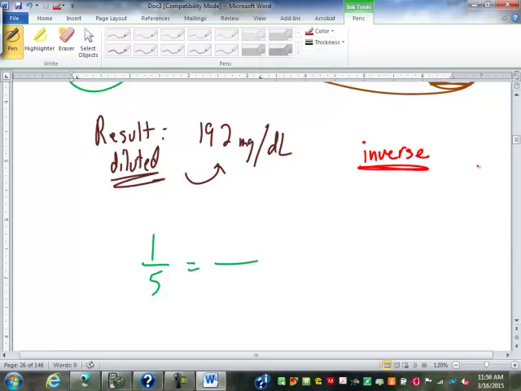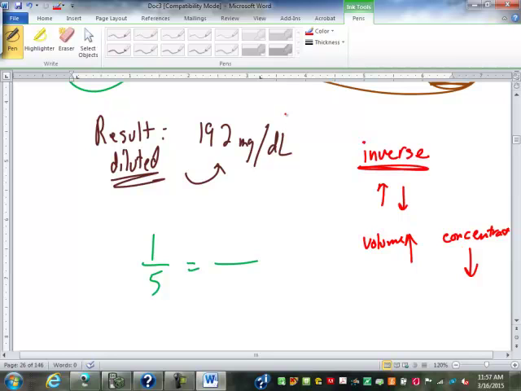In an inverse relationship, when one number goes up, the other number goes down. And in this case, if the volume of the blood increases, the concentration decreases. If you add more water to it, the percentage concentration of glucose in the blood has to go down. So that's what we're dealing with here.